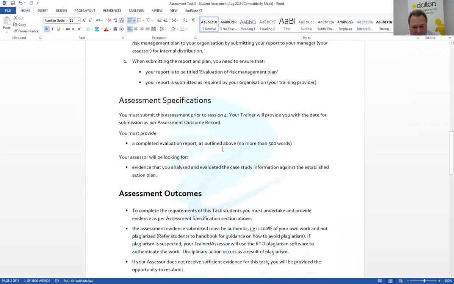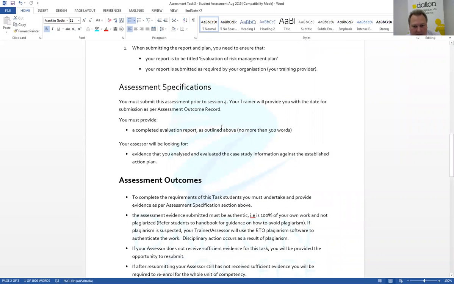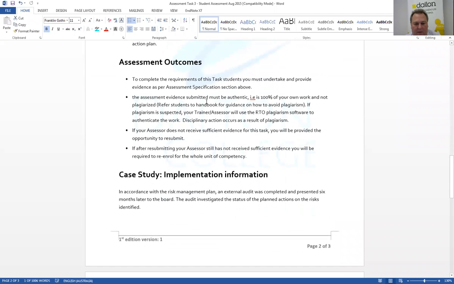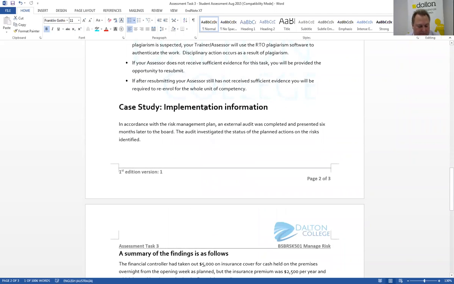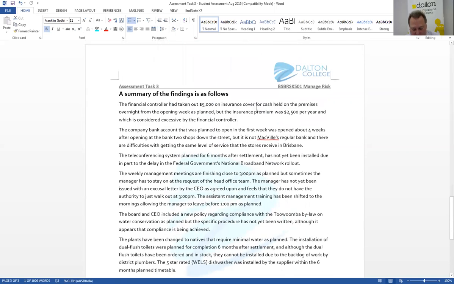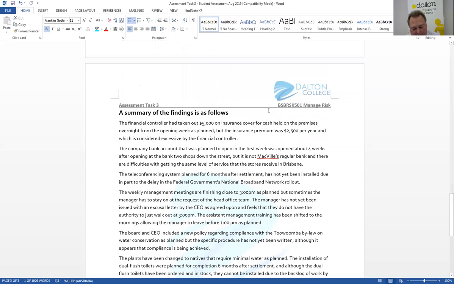If I scroll down, we should get to the stage, and I'll read that case study out for you and simplify it. There's my case study there, which is a page and a bit in length.